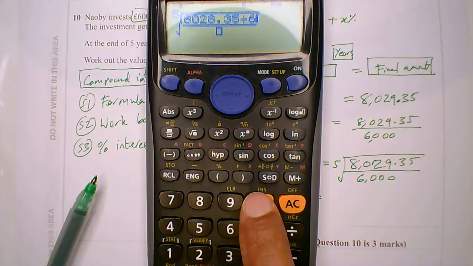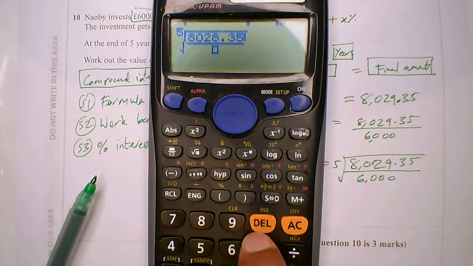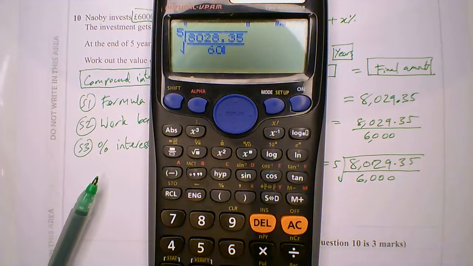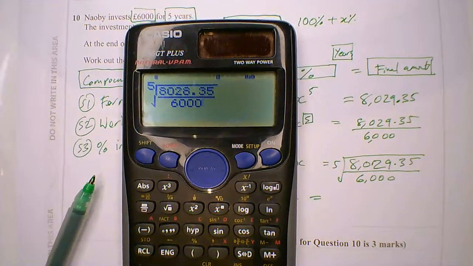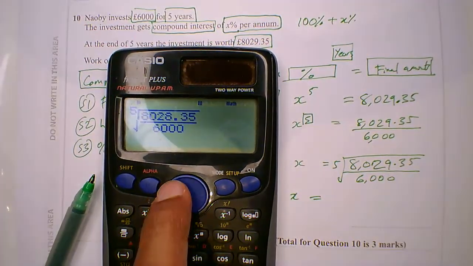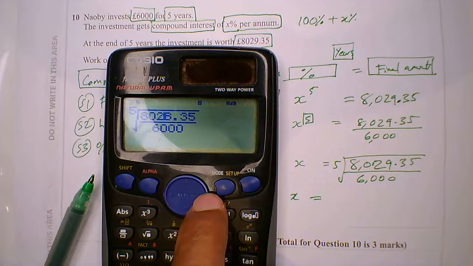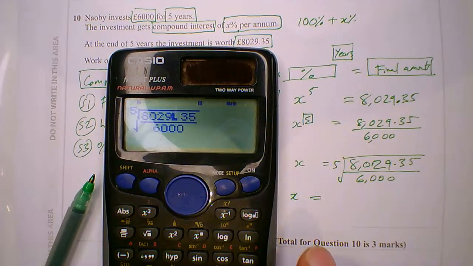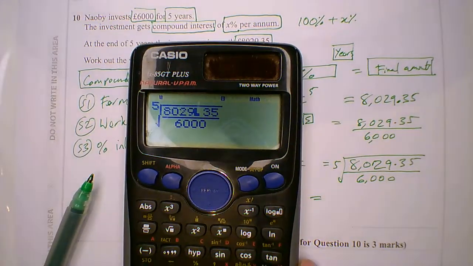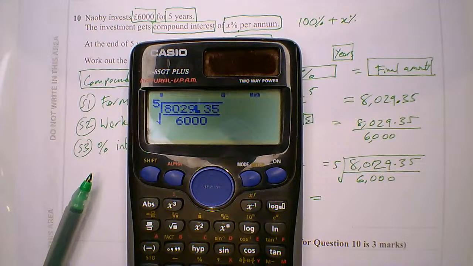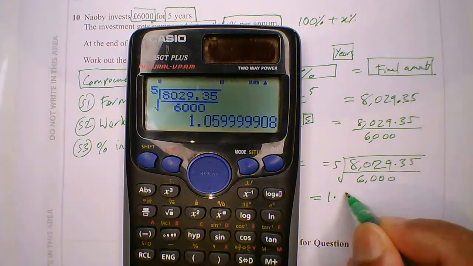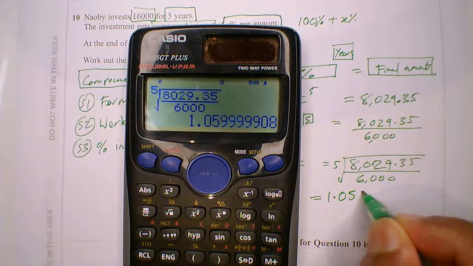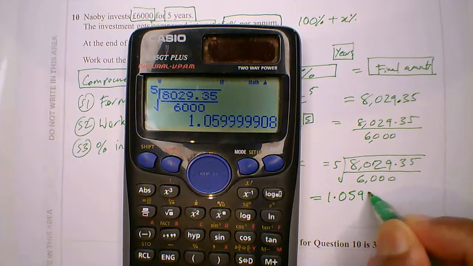Whoops. Okay, I didn't put the number correctly. 8029.35 divided by 6,000 gives me 1.059. So this is a multiplier.